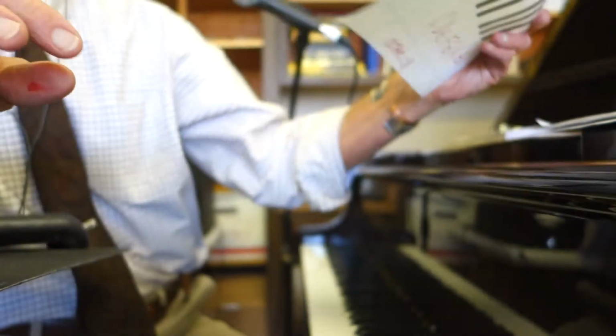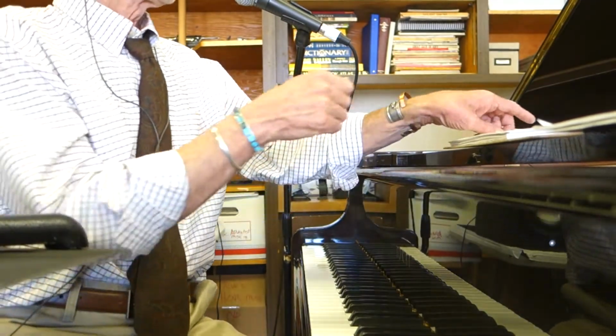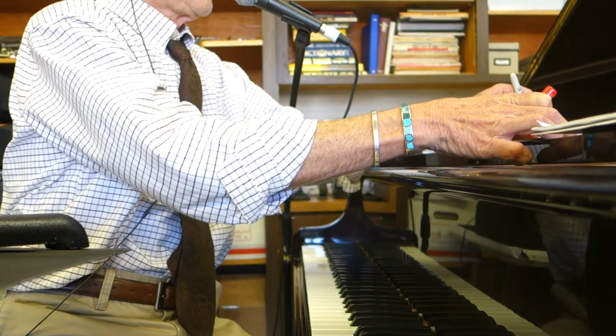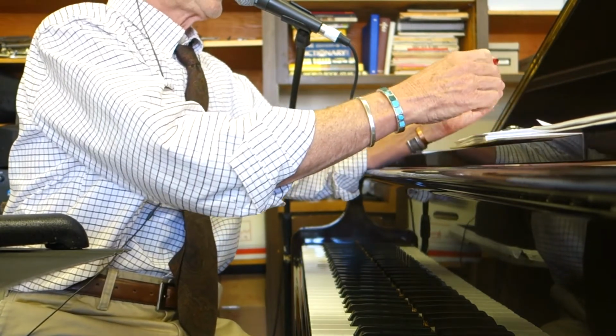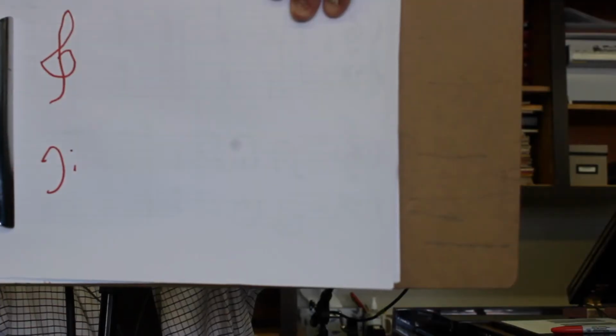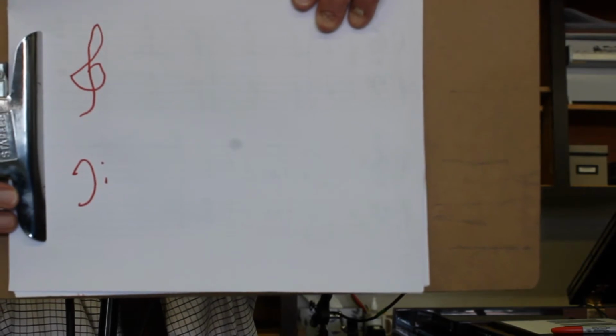We're going to learn what's called C position. Okay, I'm going to write this down for you. All right, and we're going to have 2 signs in music. The top one is called treble clef. That's for your right hand. Say treble clef. And the bottom one is called bass clef. Say bass clef. That's your left hand.